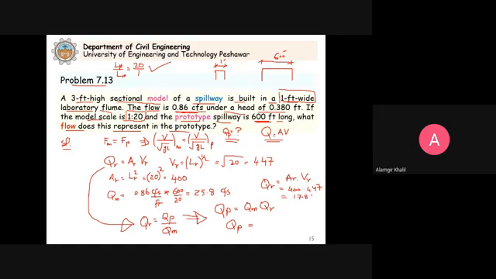It is a ratio, no units. So now this QM, which is 25.8, and QR, which is 17.88, so this is equal to 46,130 CFS.